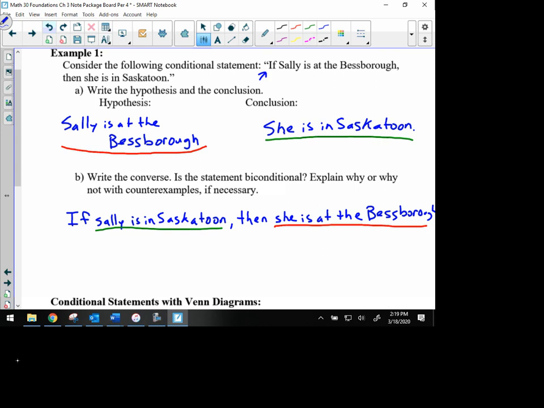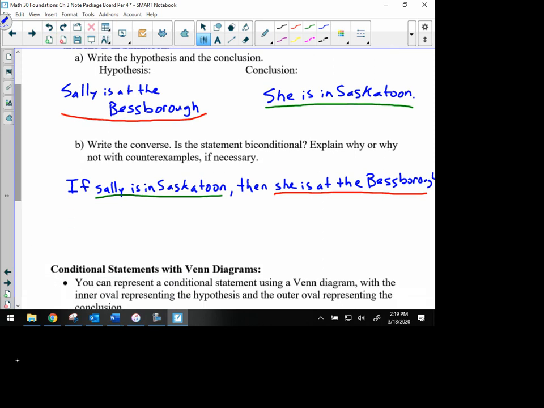So let's just write here, the conditional statement is true. Okay, the converse though, let's think about this converse.